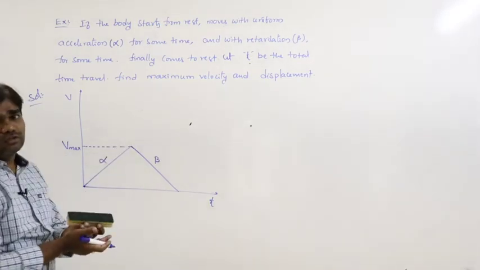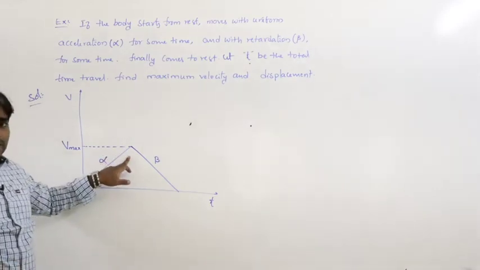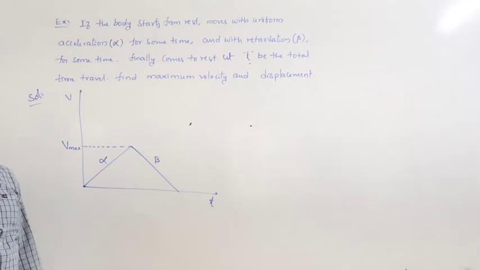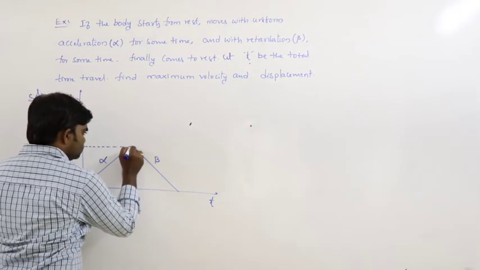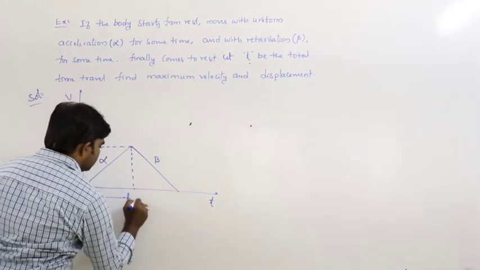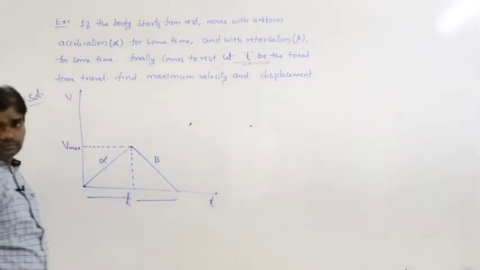Now we have to find out this maximum velocity. How can you find out this maximum velocity? That is important here. See here, for example, the total time travelled is given as T. Let T be the total time travelled.